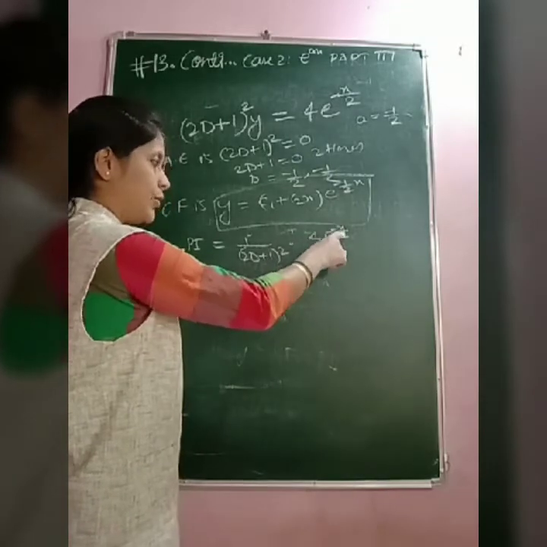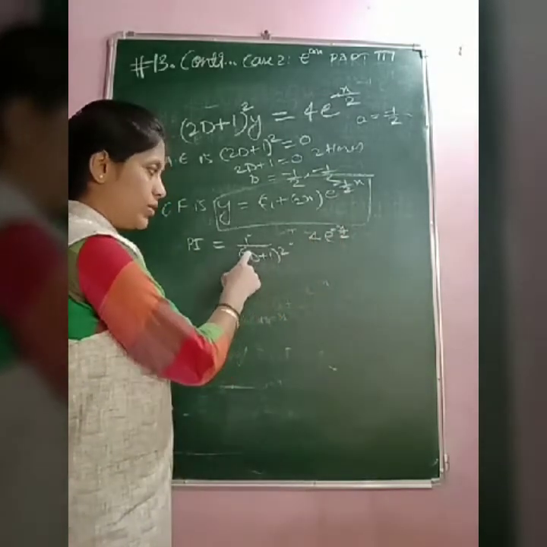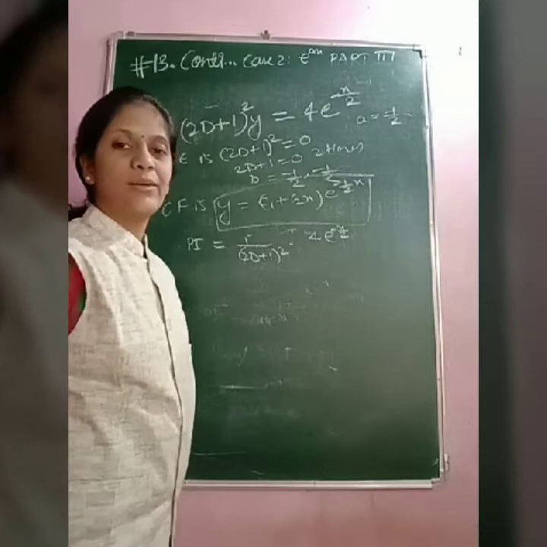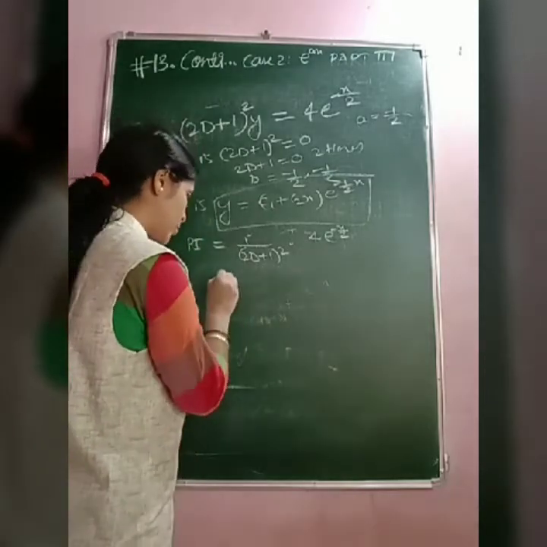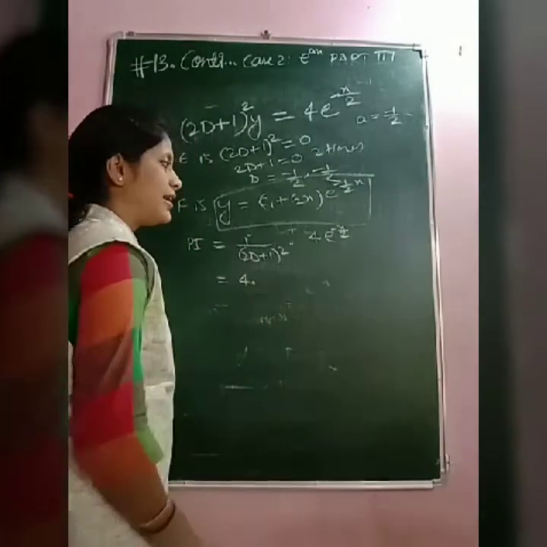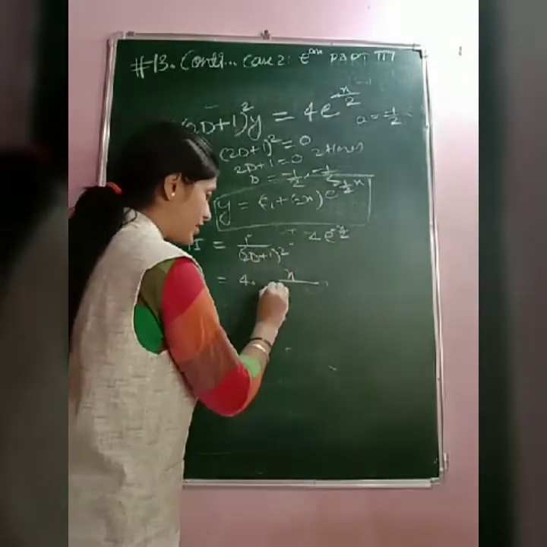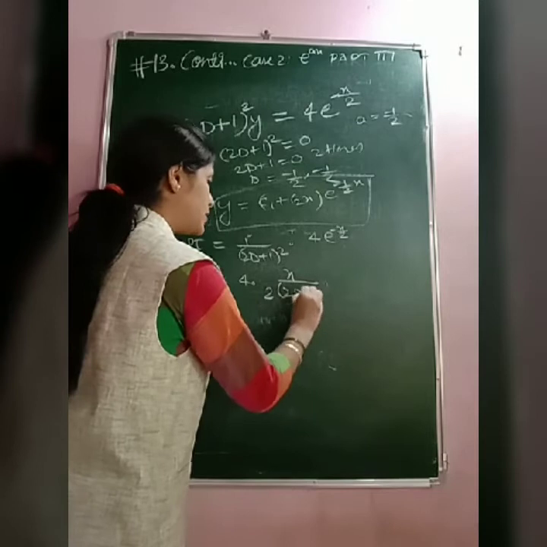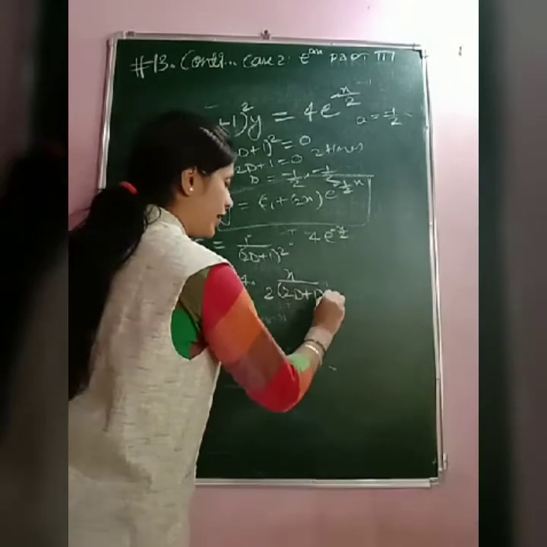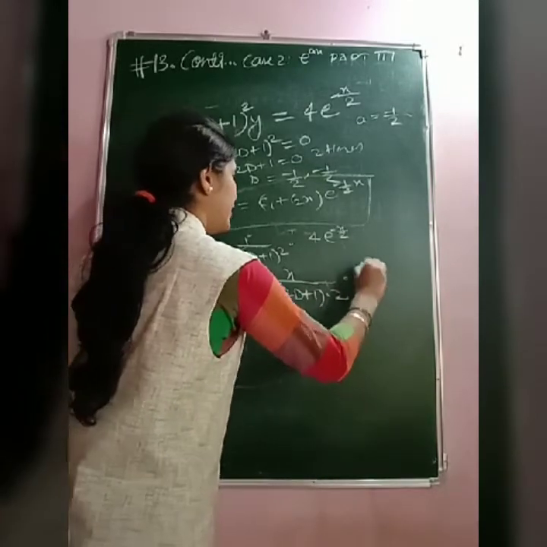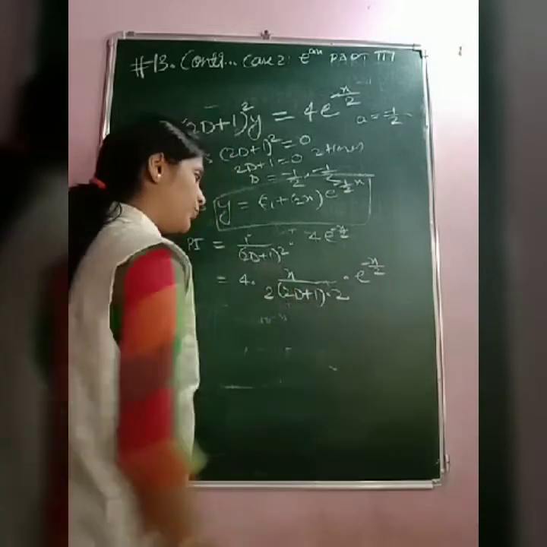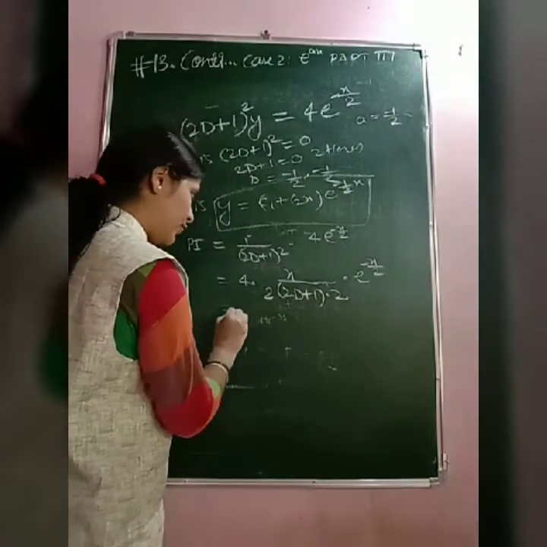If I substitute −1 by 2, then what do we get? −1 plus 1, the denominator we get as 0. So 4 outside as it is, I will write: multiply the numerator with x, differentiate. What is the differentiation of this? 2 into (2D + 1), again coefficient of D, 2, e^(−x/2). Right?